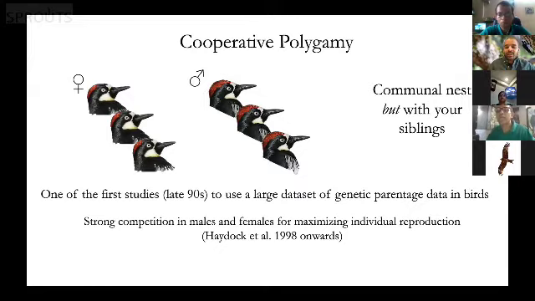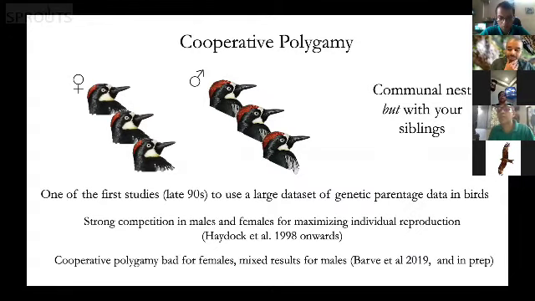Joey Haydock in 1998 and onwards has shown that there's very strong competition within a communal nest to have the most babies. So there is strong competition. And another paper that I published last year, and something that's in prep, is showing that cooperative polygamy is actually really bad for females.